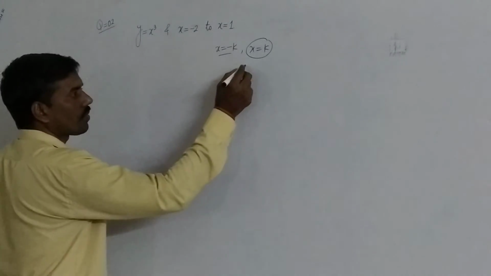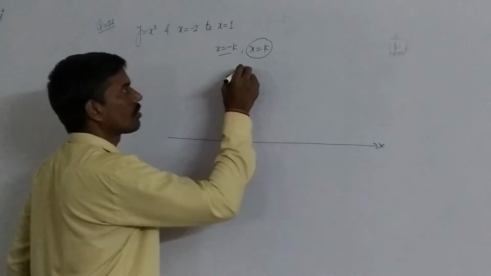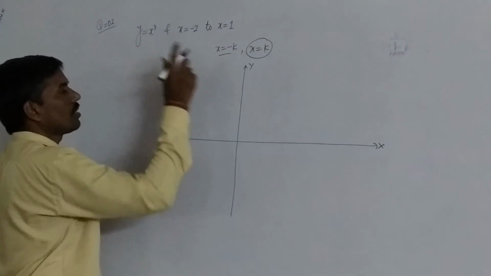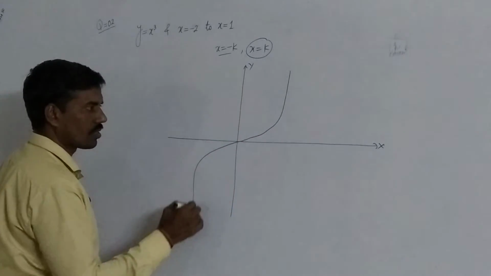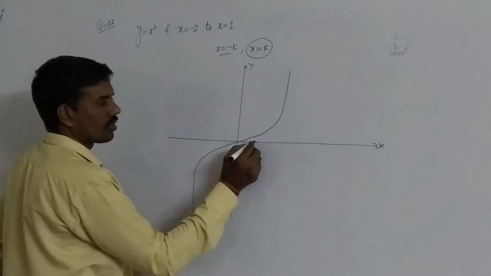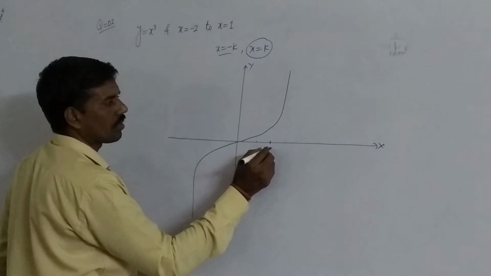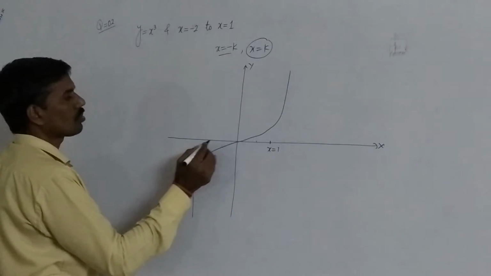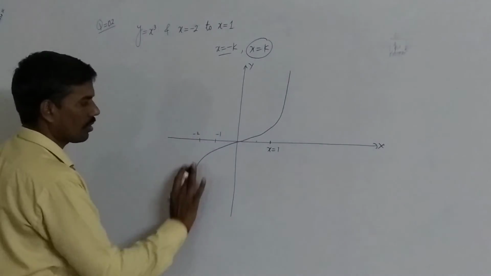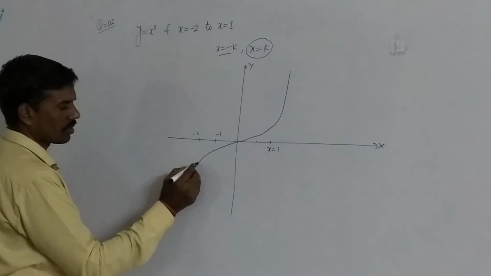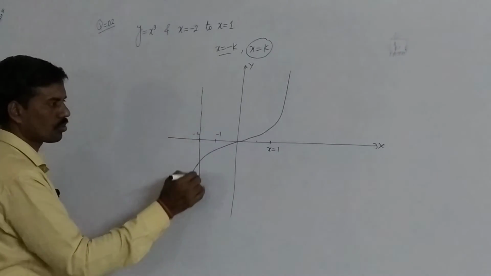So first of all let us draw the graph. X axis, y axis. Y is equal to x cube is drawn like this. This one is x is equal to 1, x is equal to minus 2, this one is minus 1, minus 2. How will the graph look? Like this, passing through x is equal to minus 2.